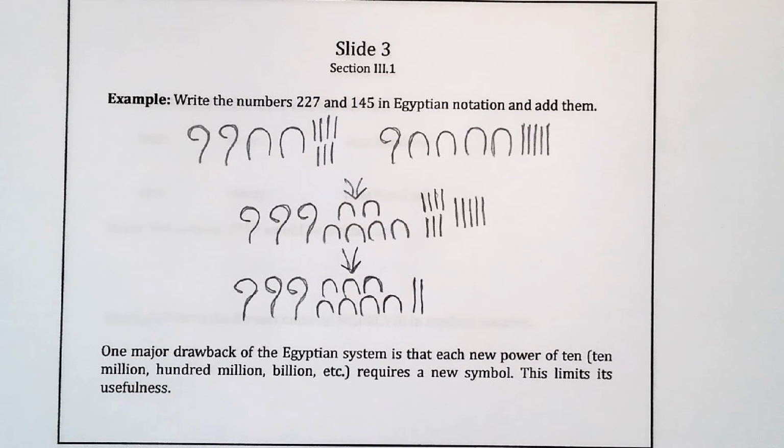In the Egyptian system, each new power of 10, like 10 million or 100 million or a billion or a trillion or a quadrillion or whatever, they all require new symbols. So if I'm wanting to talk about 10 million or 100 million, I'm going to have to make up an entirely new picture, something past that amazed person.